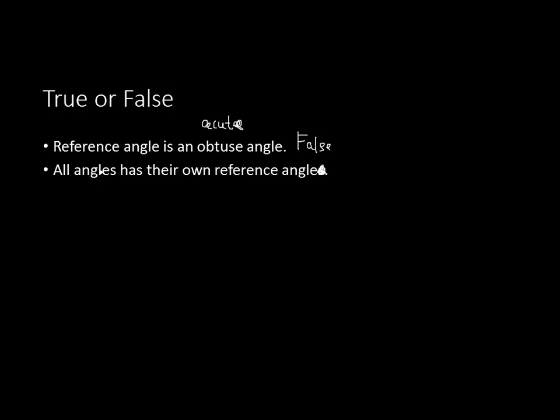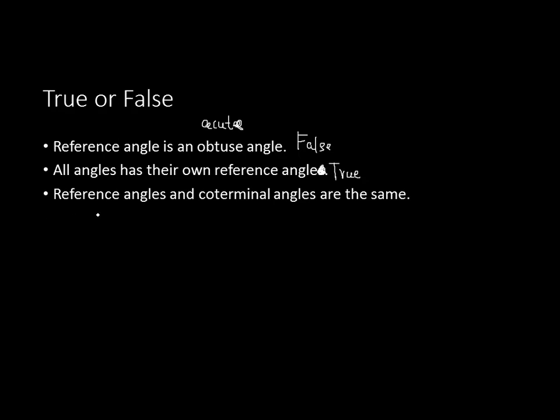But anyways, let's proceed. All angles have their own reference angle. True or false? The answer is yes, it is true. In the first quadrant, second quadrant, third quadrant, or fourth quadrant, whatever location they may be, there will be a reference angle. So it's true.